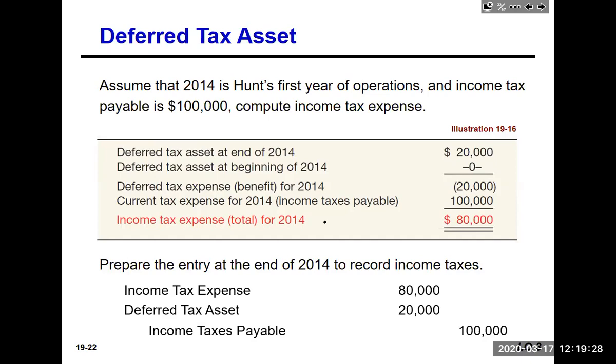Again, it's cash basis. Remember that. So here we've got income tax expense, $80,000. The deferred tax asset of $20,000 because we're going to have to pay that now instead of later. So we hope to get that deferred tax asset back later.